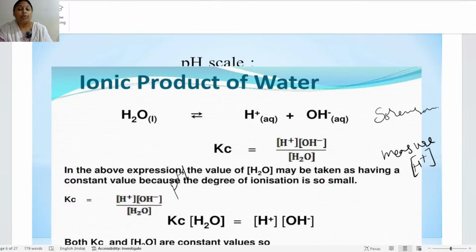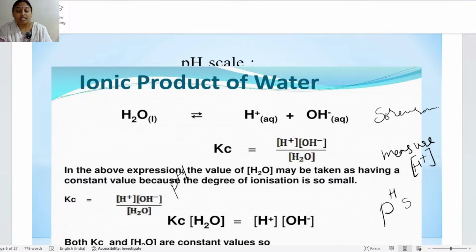Here P is nothing but power, and it is derived from the German word meaning power of concentration, that is, the power of hydrogen. Because of that reason we write it as P, and by using this we are measuring the H plus ions, that's why it is called pH.